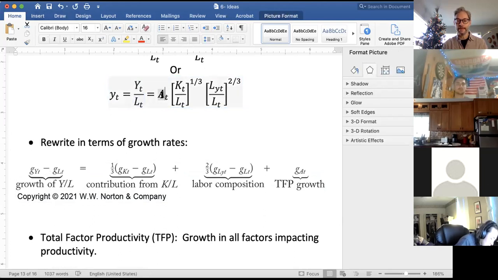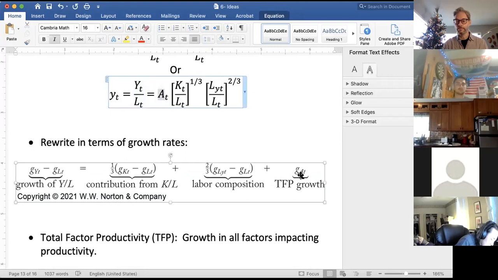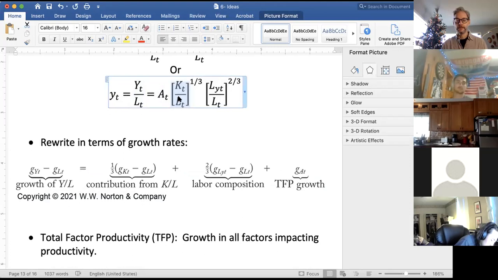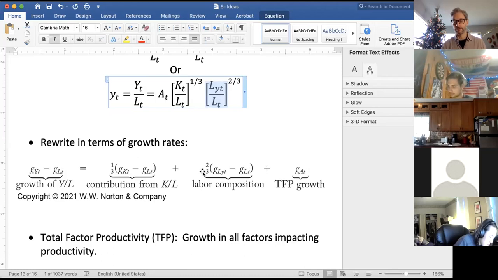Then we have A. This becomes the growth rate of A, which is the last part on this side. This becomes 1/3 the growth rate of capital minus the growth rate of the population. And then this part becomes, in growth rates, the growth rate of the labor force minus the growth rate of the population times 2/3.